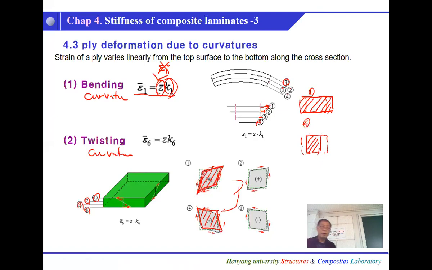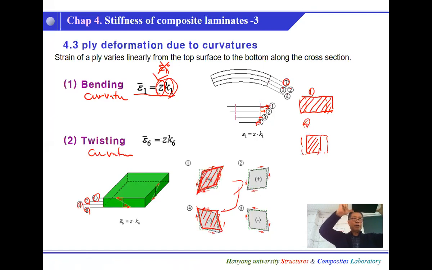So understanding twisting is something new, which was not observed in the one-dimensional case. So understanding shear deformation is important for us to pay attention to. So again, this is a stacked laminate. We have many plies, stack them, and then now we twist.